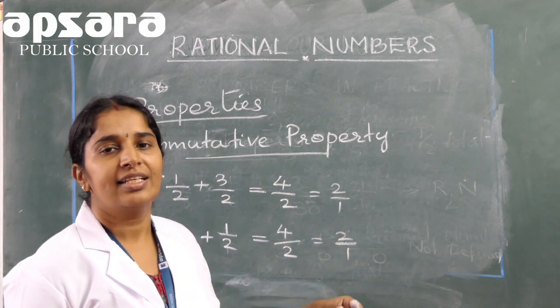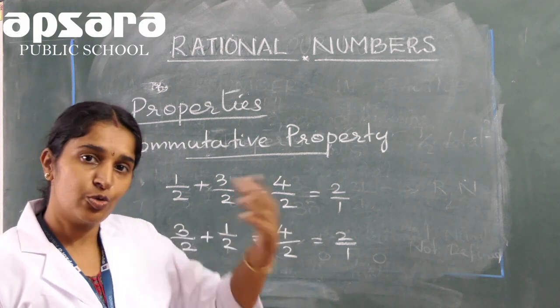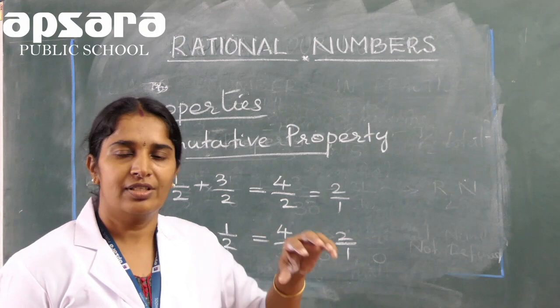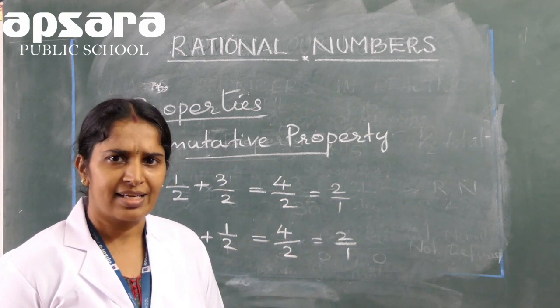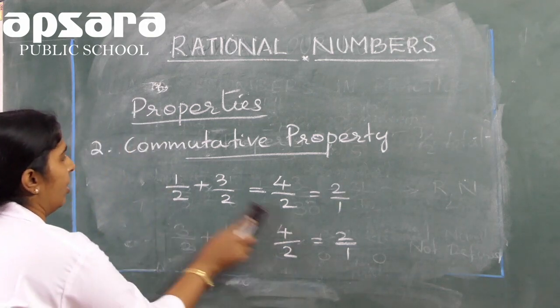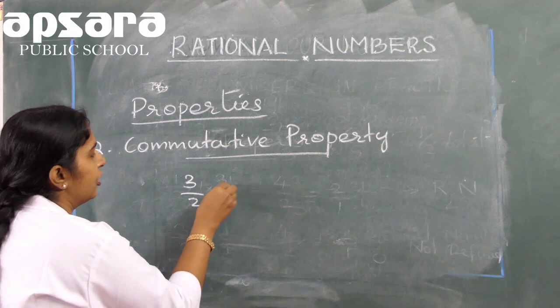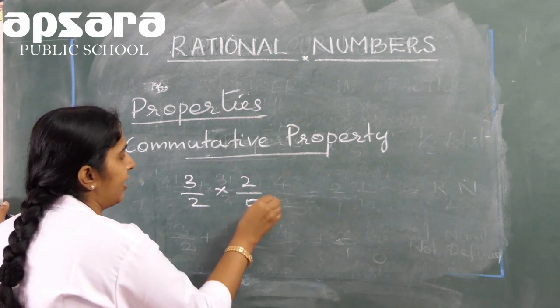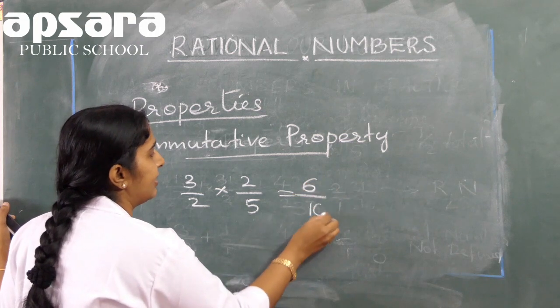Okay. Now let us take the case of multiplication. Suppose you are multiplying two rational numbers in any order, whether the product will be same. Yes, right? Let us see. 3 by 2 into 2 by 5 is equal to 6 by 10.